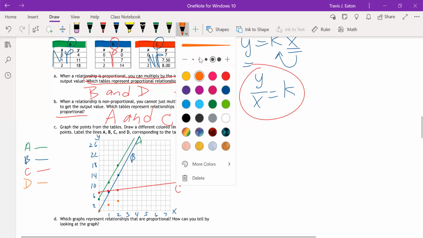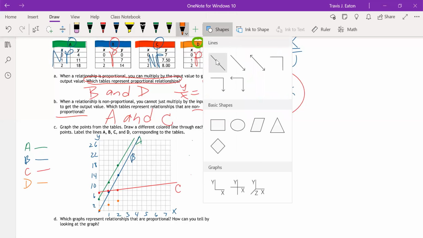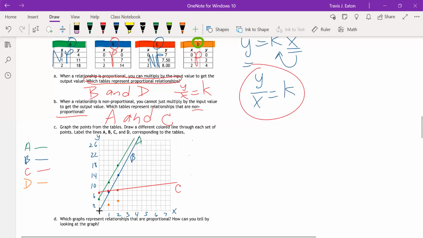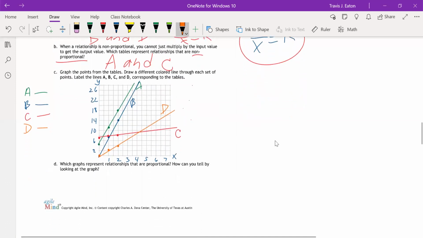Okay, now I can draw my line, starting at my origin, up through there. Okay, and that's D. Whew. Now, I've got my 4 different lines in 4 different colors. Make sure that we understand that that one is A. There we go. Easier to see.